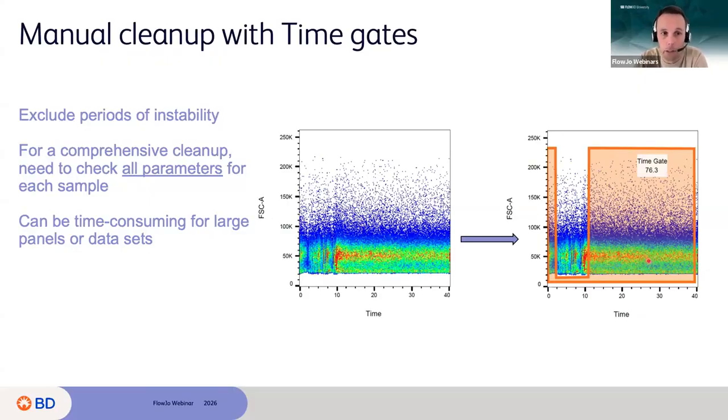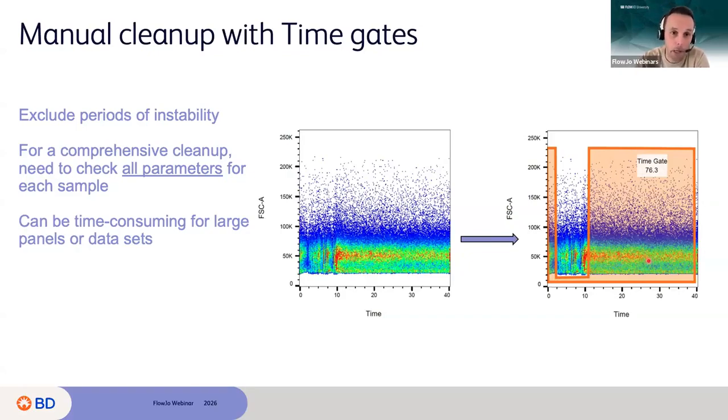But in reality, you should check at least every laser that you have on your instrument, but preferably every parameter that you're using to run the instrument. And to be honest, if you're running a 20 color experiment, you're not going to do 20 time gates to make sure you remove any technical anomaly that can happen during the run.